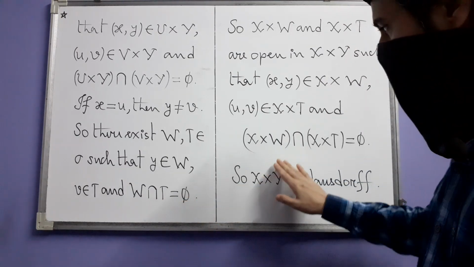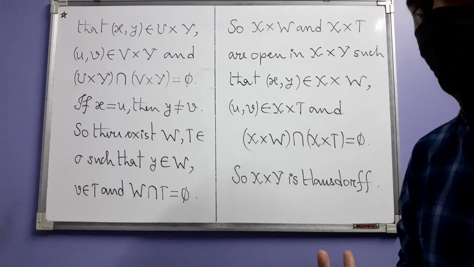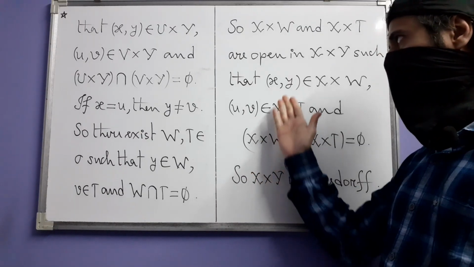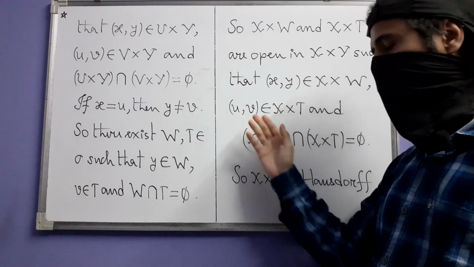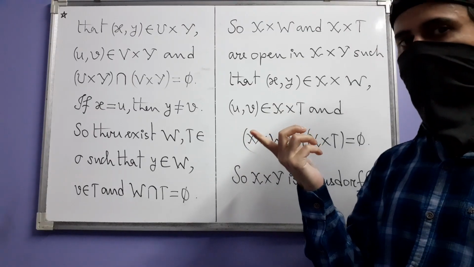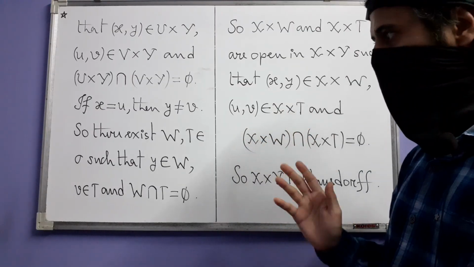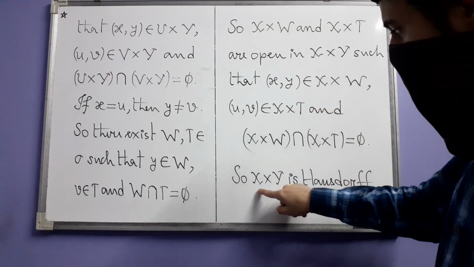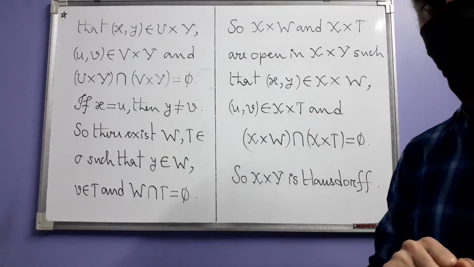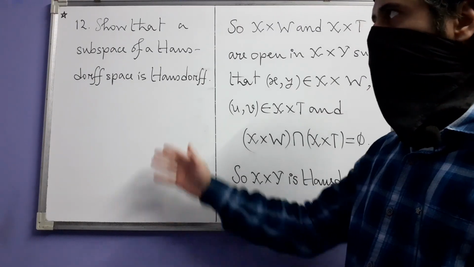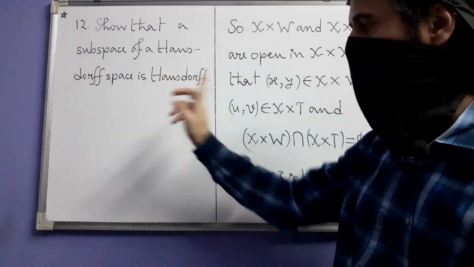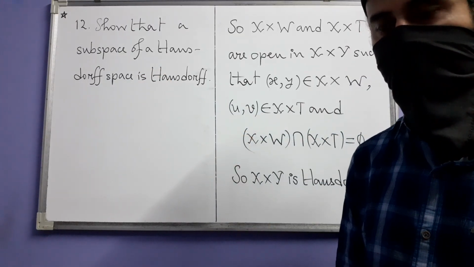Okay, so that's why we have this disjoint thing. And that is why in this case also, you have been able to separate these two points using disjoint neighborhoods. So that tells you that in general you can do this in the space X × Y, so X × Y is Hausdorff.